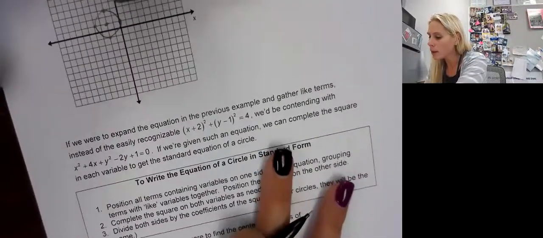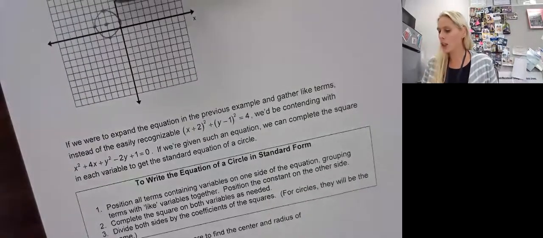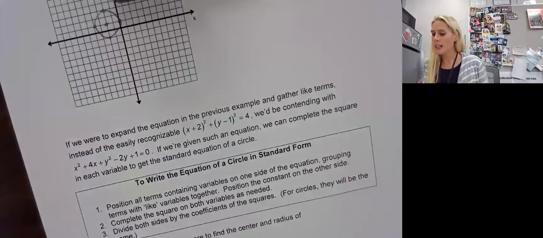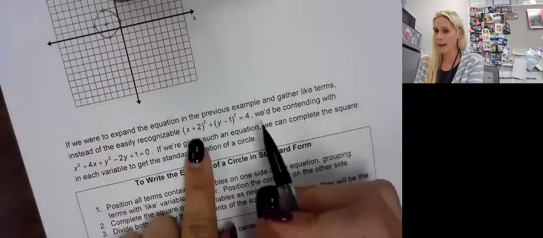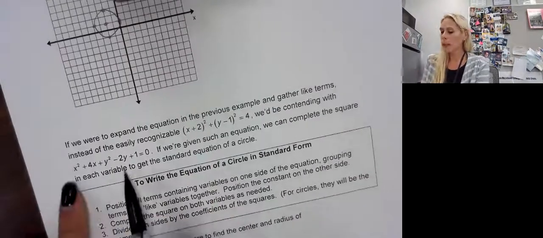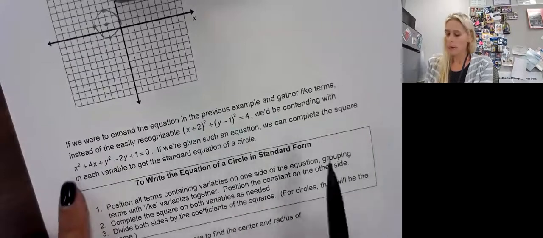Okay, if we were to expand the equation in the previous example and gather like terms instead of the easy center and radius, we would no longer be looking at a standard equation, okay?